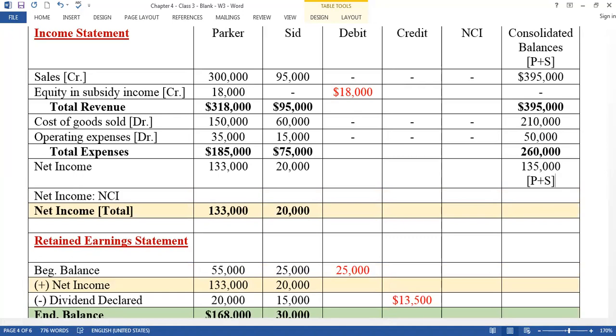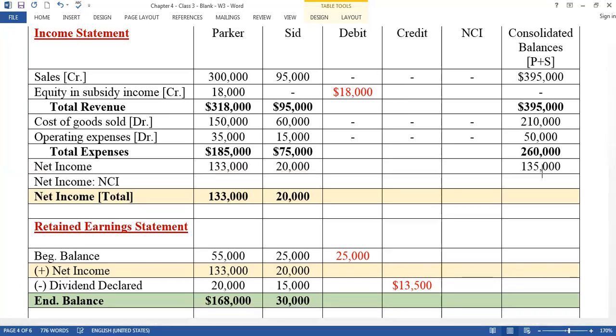It is P plus S, but we know that from S, we can only receive 90%. So we cannot get this number in total. Only 90% is ours, and the other 10% is for whom? NCI, right? Yes, NCI.